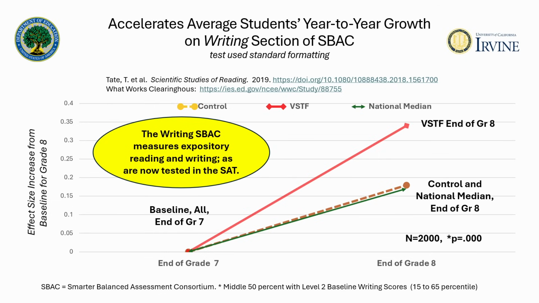Using the prior spring score for all of the study participants and using the effect size of growth over the course of an academic year, the results showed that the control group had an expected year's worth of growth comparable to the national median at the end of the 8th grade.